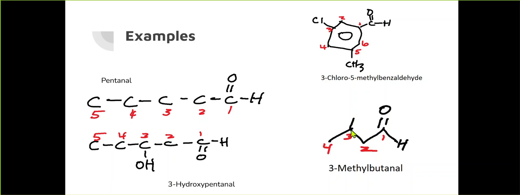We've got a methyl group hanging off here. Here is our aldehyde group. So this is going to be butanal, and this is on the 3rd carbon, so that's going to be 3-methyl butanal. Any questions on any of those examples at all?